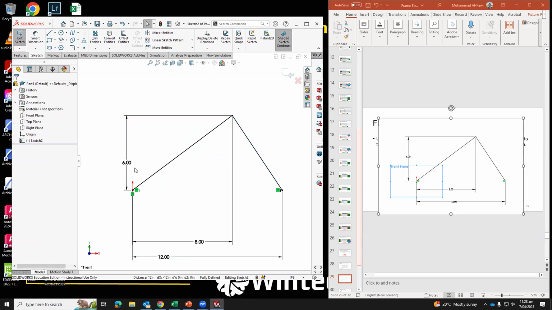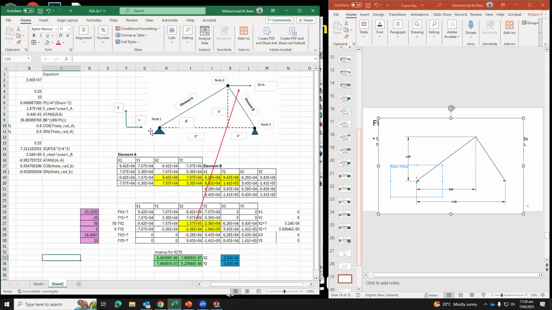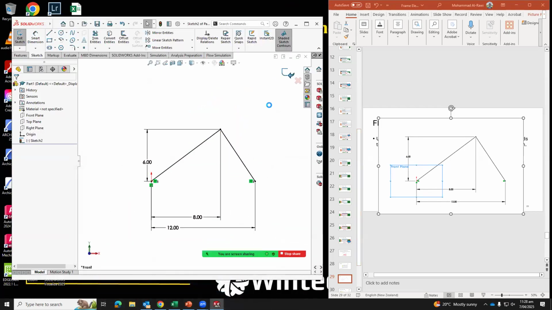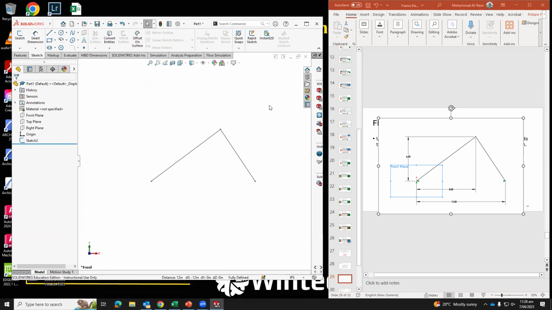So technically they're on the same plane. Yeah, that is 6, 8, 4 and 8 is 12. Yeah, we got that. We're correct. No problems. Okay. Happy with that? You just click exit sketch.